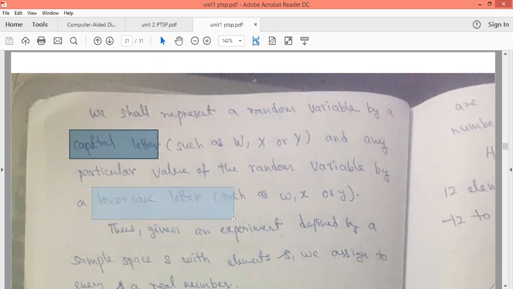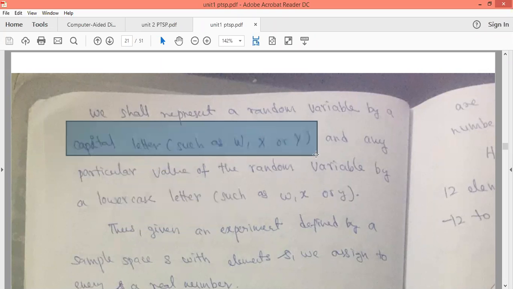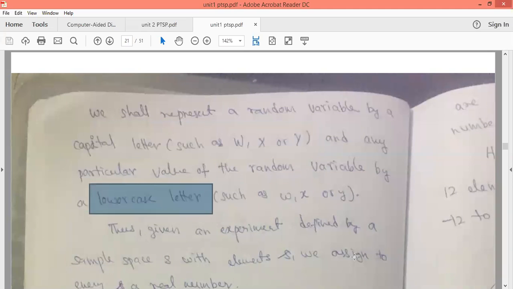Just as we define the sample space with a capital letter, the elements of the sample space are denoted with lowercase letters. Here also any particular value of the random variable will be denoted with a lowercase letter.